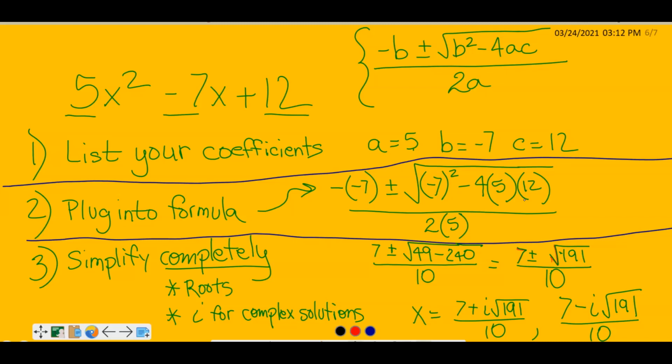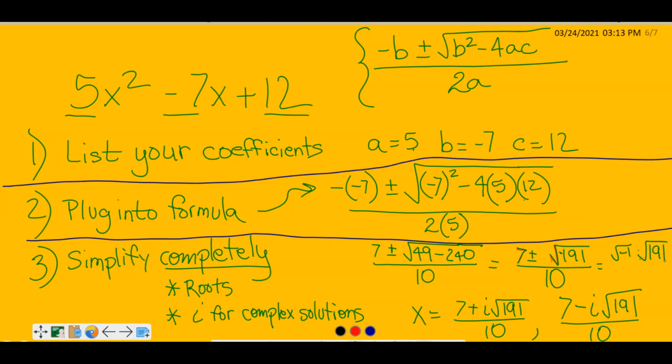I looked up, 191 is a prime number. But I do have a negative underneath the square root sign, which means I have to simplify that by factoring out the square root of negative 1, right? Which is the symbol i.